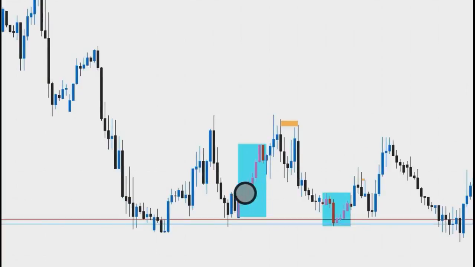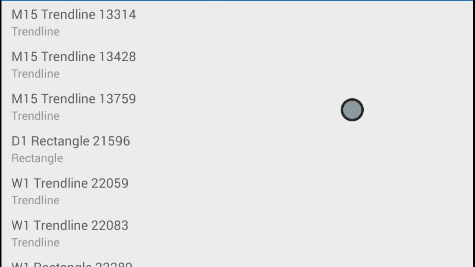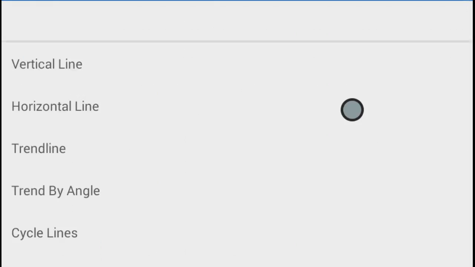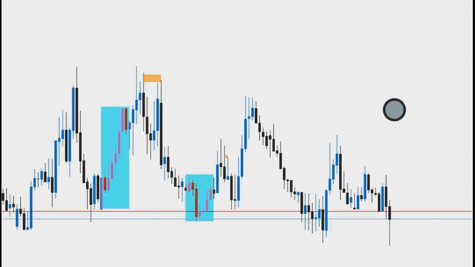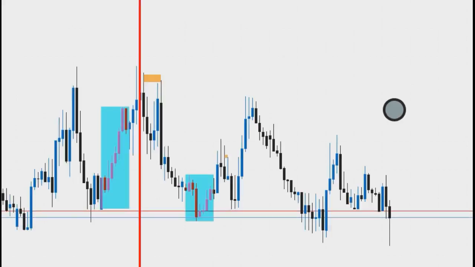This is your Asian range. This light blue box here is your Asian range. Now, this is the candle. Let me show you the candle that has broken. Let's use a vertical line again. Now, this is the candle.